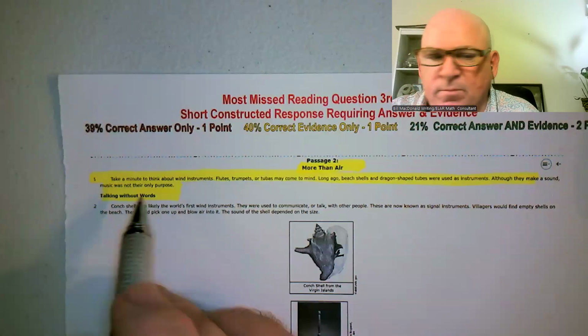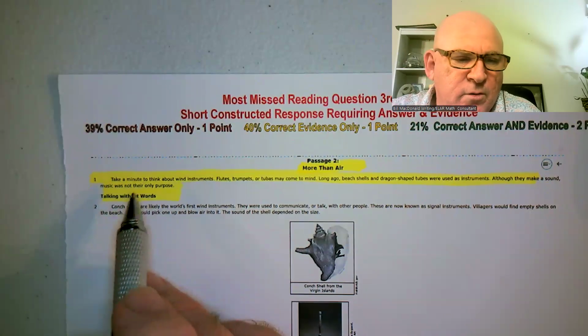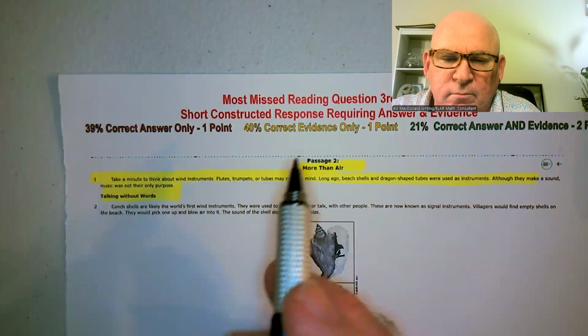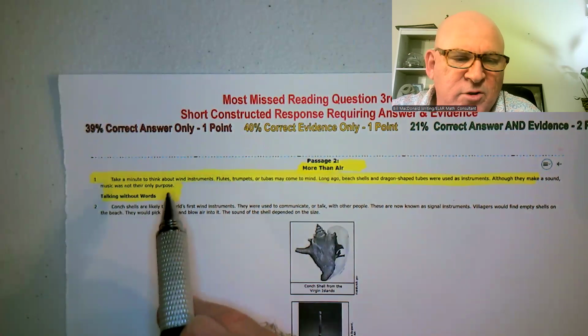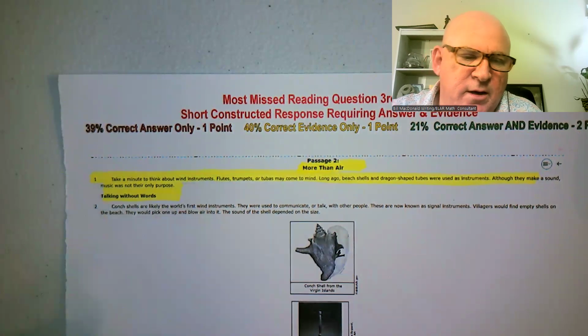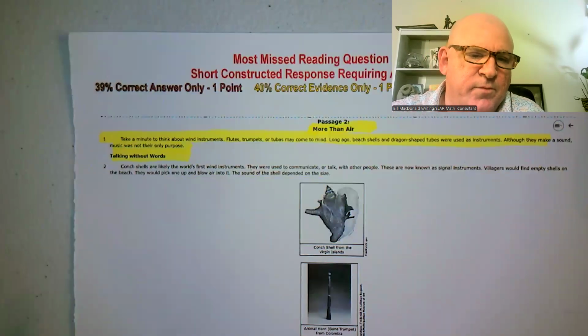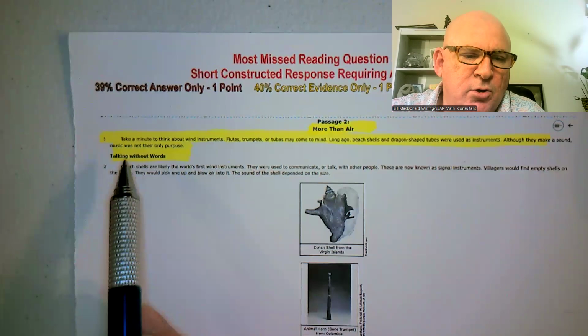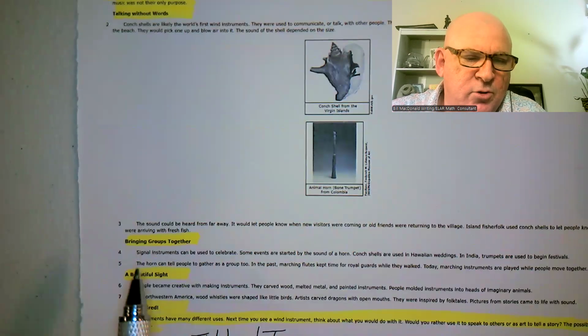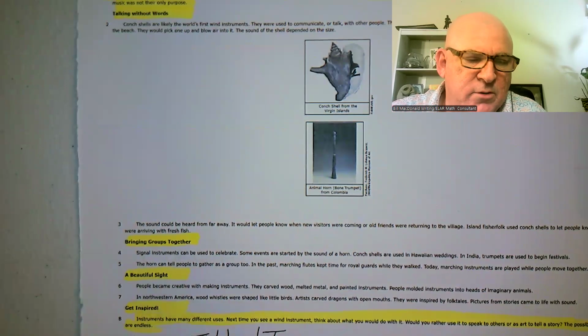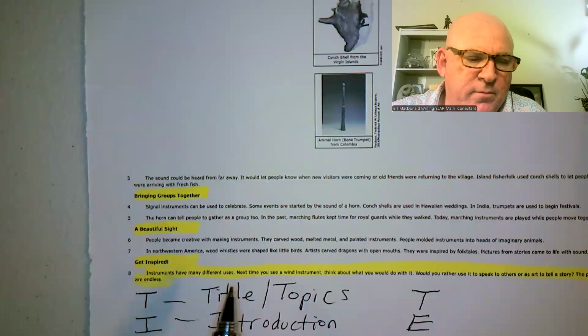So that last point that they wrote there was that sounds that you hear have multiple purposes. And apparently, those purposes were being able to talk or communicate without words, that it could bring groups together, that it could be a beautiful sight, or inspire people.